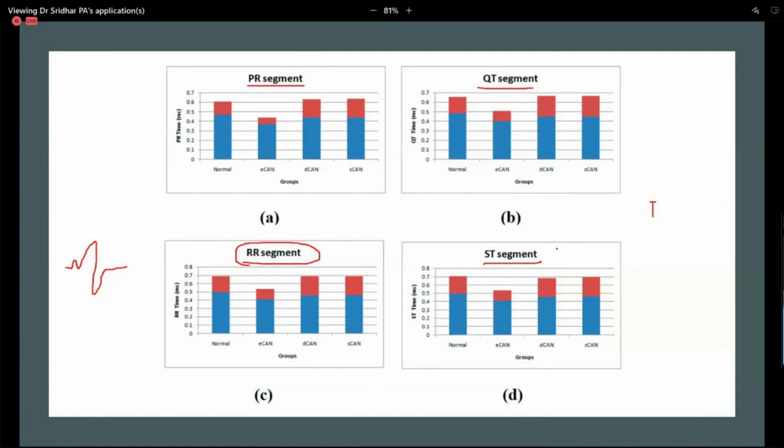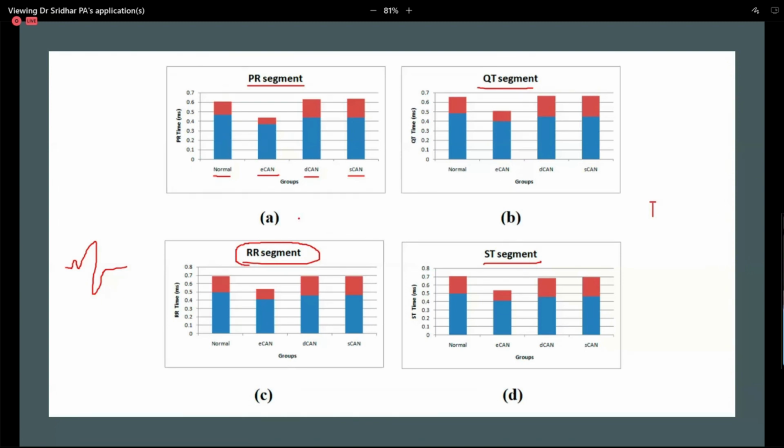So we want to see how this changes with respect to a normal condition, and we collected data with respect to early CAN, definite CAN, and severe CAN. Now we can see this point here: the definite and severe CAN had the same time interval, but we were unable to see the difference between normal and early CAN.